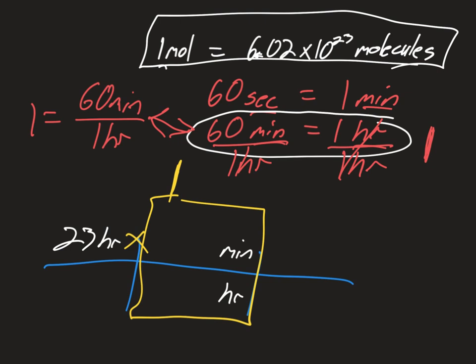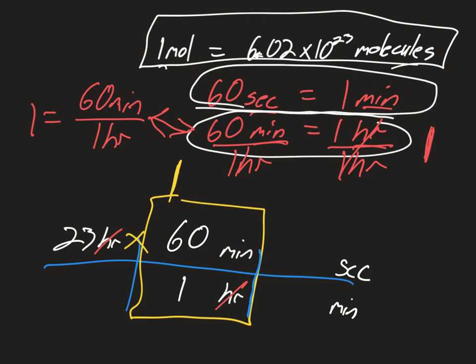And we can say that we have 60 minutes over 1 hour. But like I said before, we're not quite done yet, because we wanted to go to seconds. We can see that the hours are going to cancel out and we have minutes. Now we're going to want minutes on the bottom and seconds on top. We can do that with this true statement.